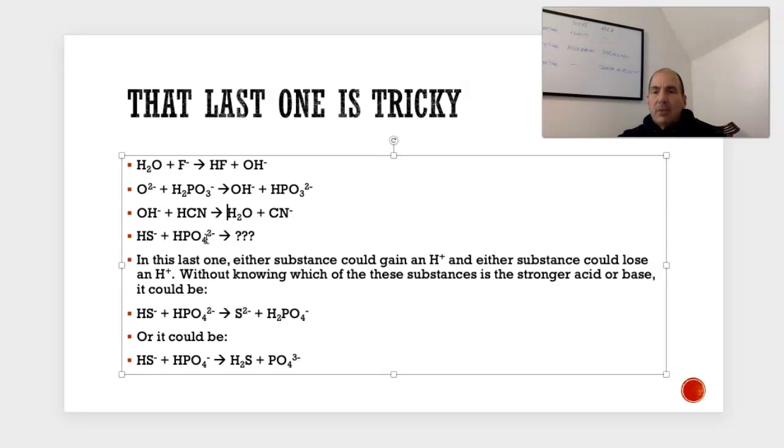It would come down to the strength of the acids, and that's something that comes up in a subsequent unit, so I don't know why they bring it up here, but, you know, I mentioned it anyway. But in case you really want to know, the second reaction actually is the correct one. H2S happens to be a little bit stronger acid. HS minus is a stronger acid than HPO4, so it's the one that's going to give the hydrogen in this situation.